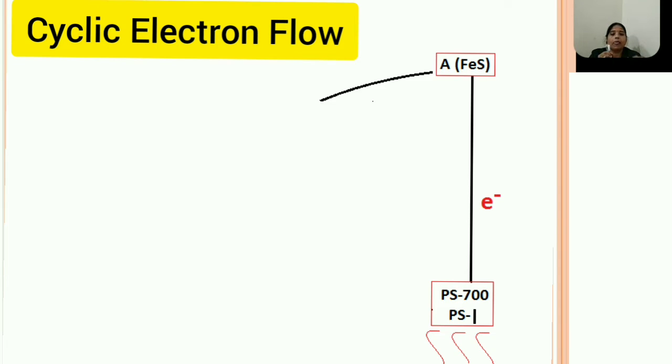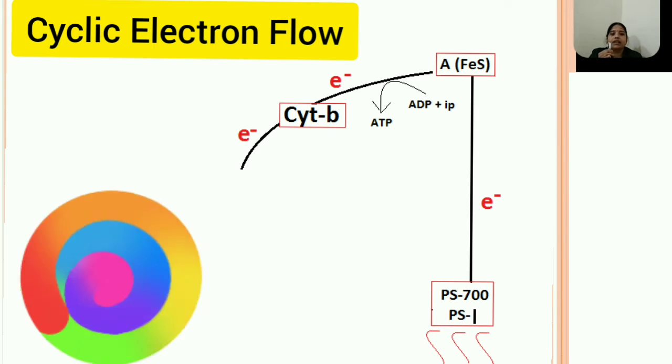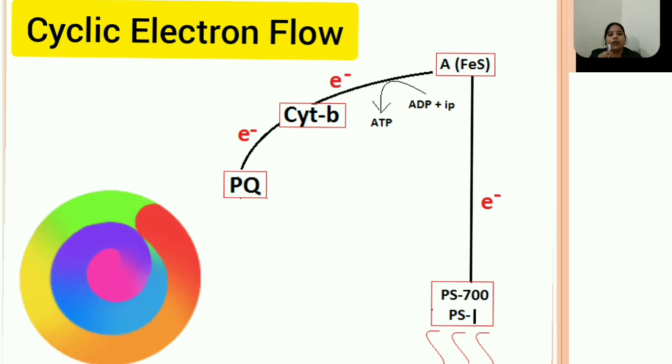This is the process of synthesis of ATP from ADP in the presence of light during cyclic transfer of electrons.